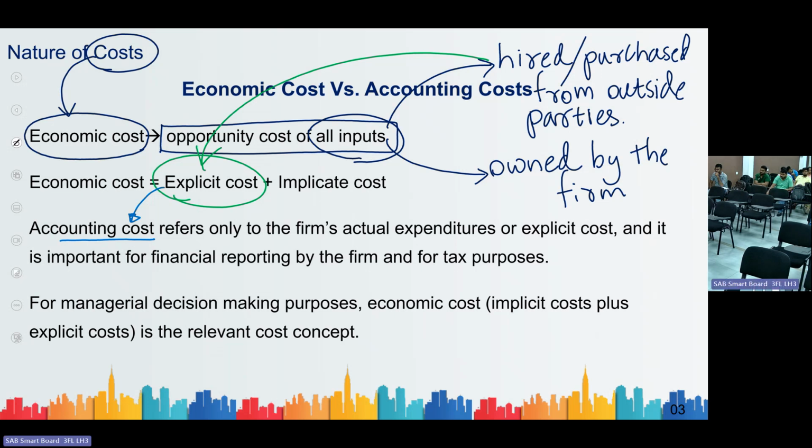So accountants are concerned about explicit costs only. We can call explicit costs accounting costs as well. So explicit cost and accounting cost mean the same thing.